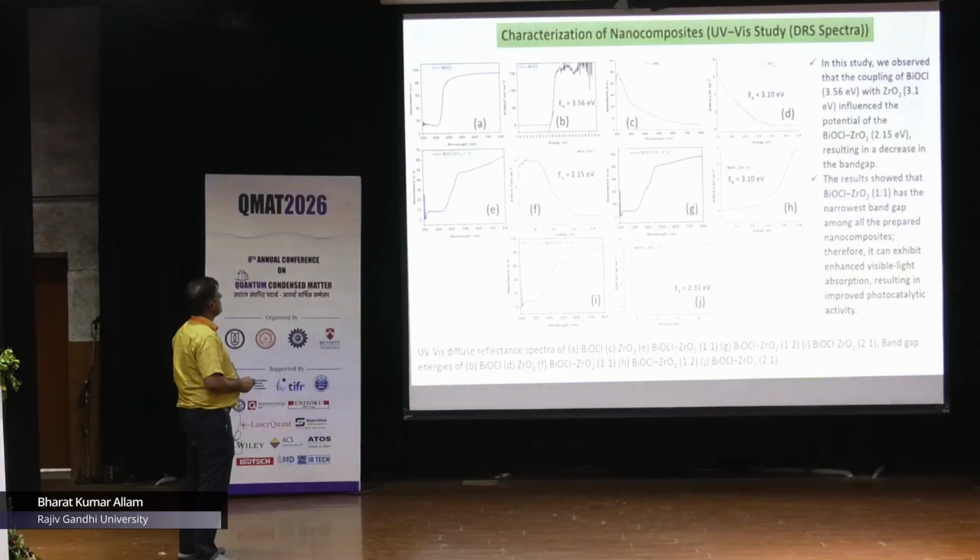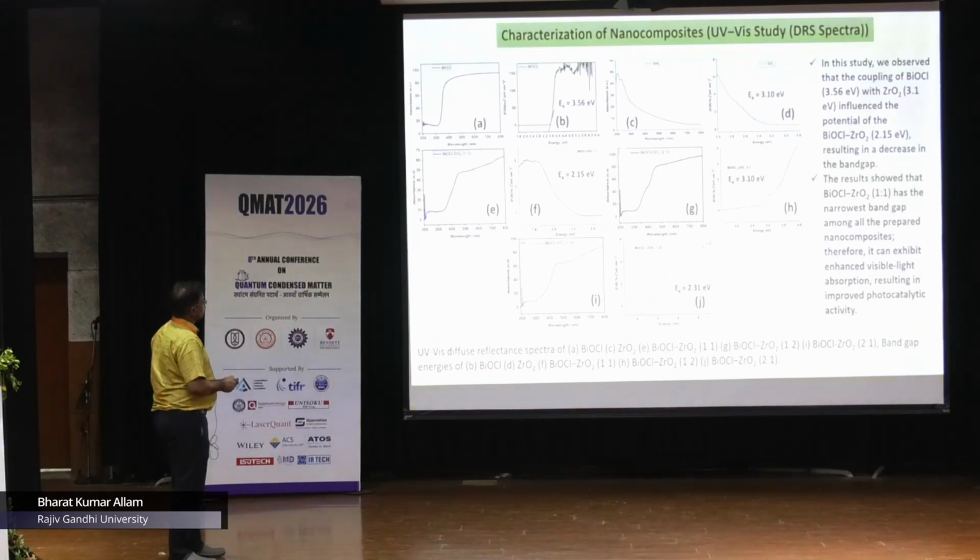For 1:1 the band gap is 2.15 electron volts, for the 2:1 composite it's 3.10, and for the 1:2 material it is 2.31. From this you can say that the 1:1 stoichiometry precursors which we have prepared exhibit the lowest band gap. So it means it is a good visible light photocatalyst, from this UV visible DR spectra.